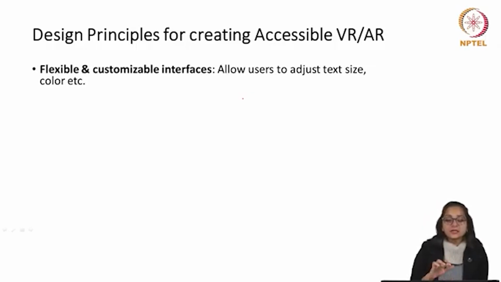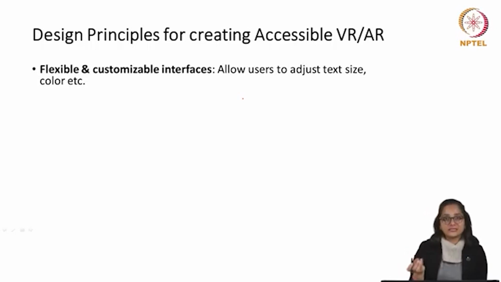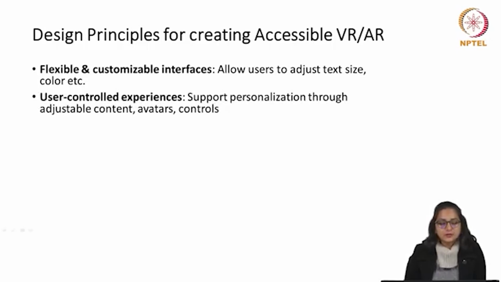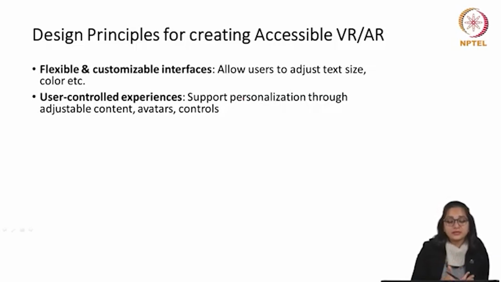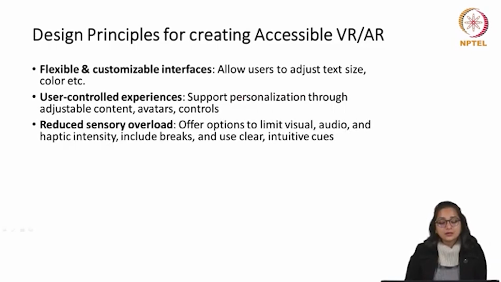Basically, interfaces in AR VR should be flexible and customizable. So, allowing users to adjust text size, color, the amount of interface they want to see at a given time, and all of those things should be customizable. User-controlled experiences: you support personalization through adjustable content, or there can be agentic avatars who can assist you with the controls.